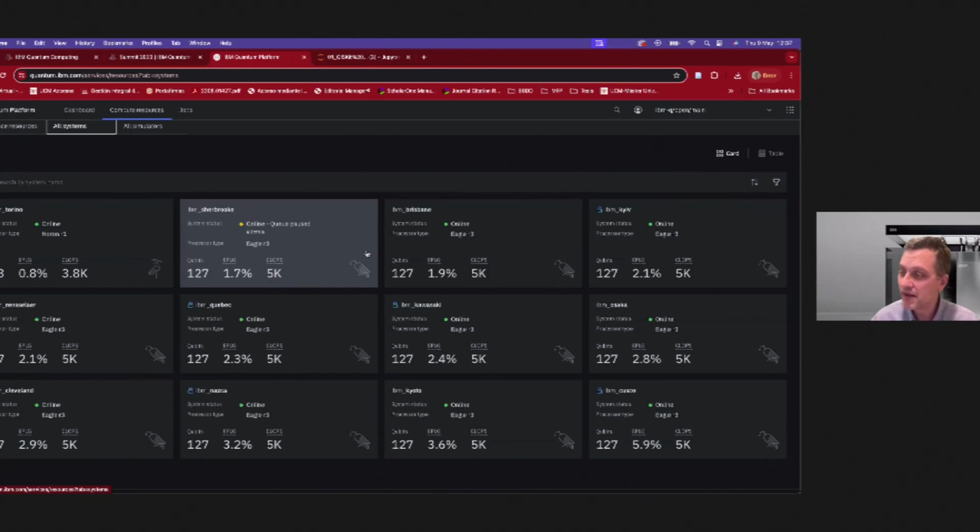So we have removed all the smaller computers, and we are creating new bigger computers in the cloud. As I said, you have free access for 10 minutes of quantum computation time a month, so you can start testing with these computers. We also have some learning platforms with resources.